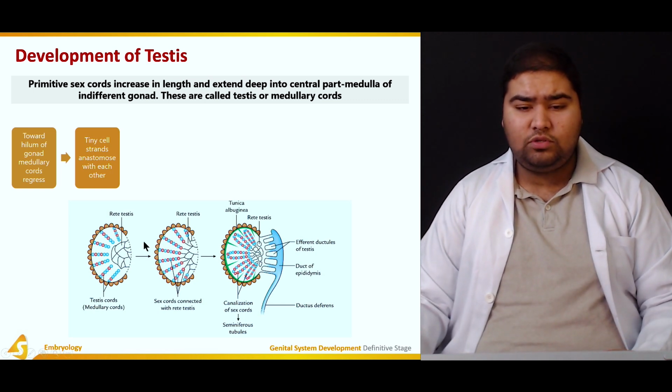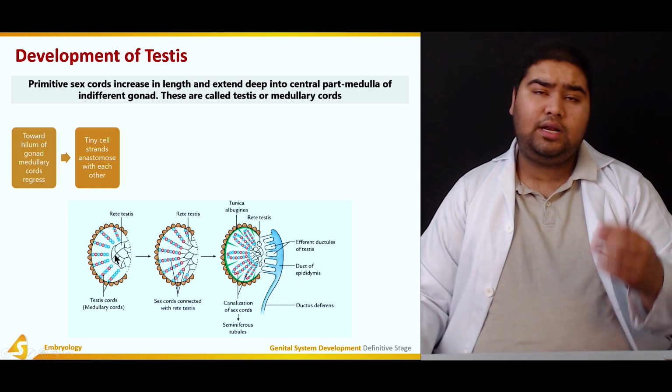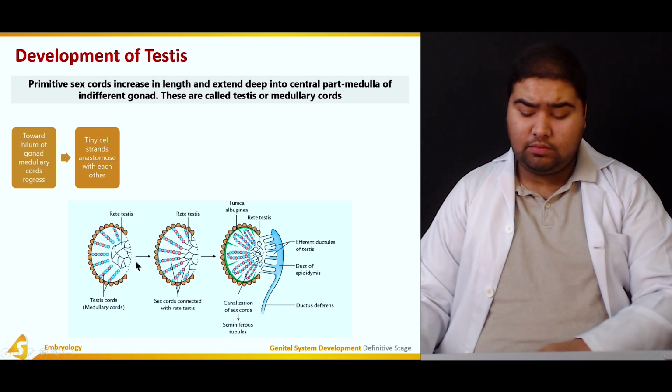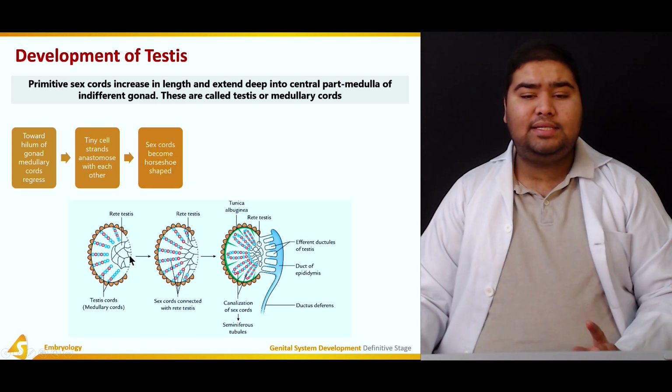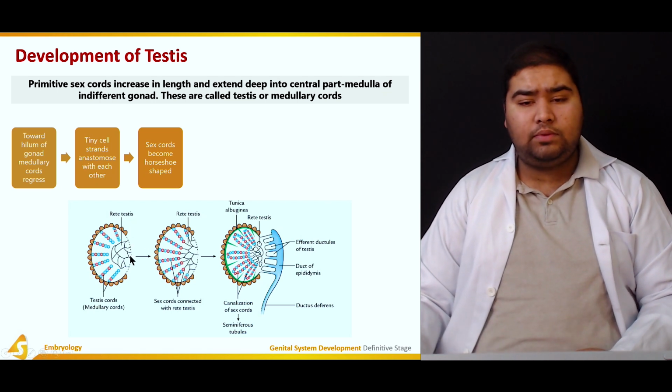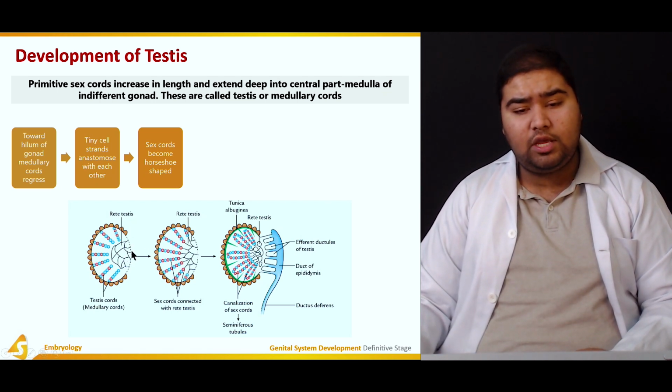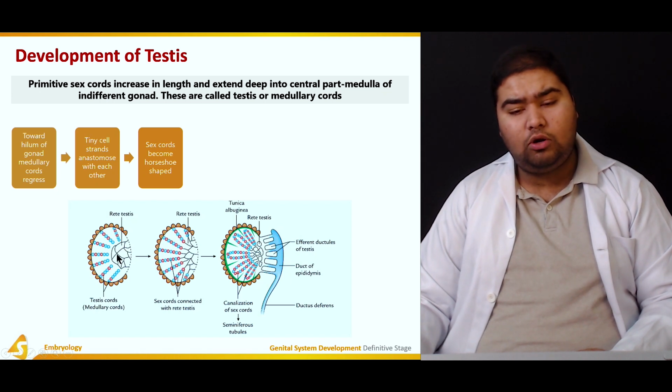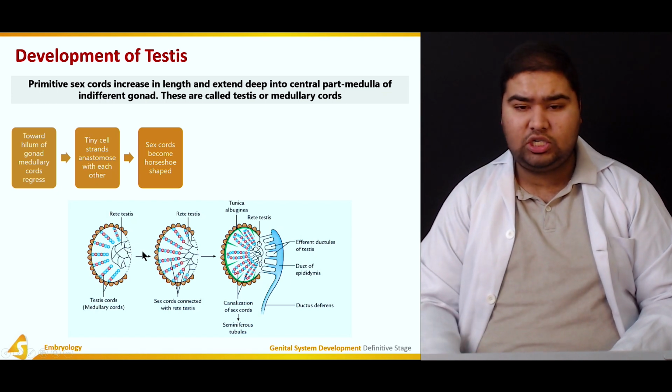They anastomose with each other. First of all, they undergo regression, then they anastomose with each other. As a result of the anastomosis, the sex cords become horseshoe shaped. Here you can see they become a horseshoe shaped structure.